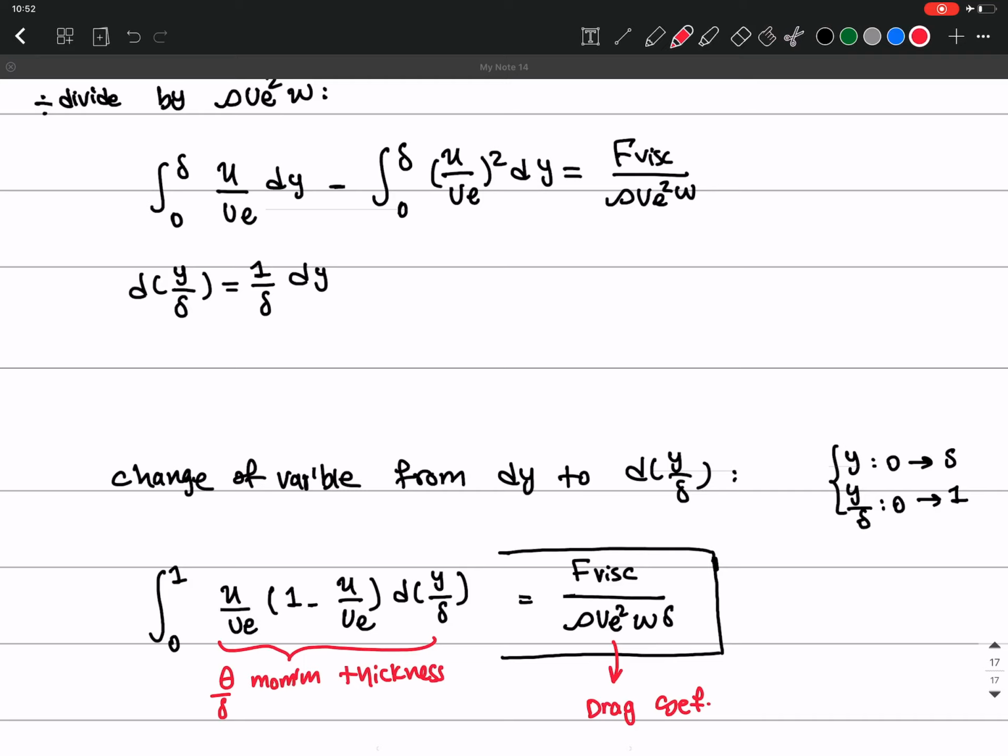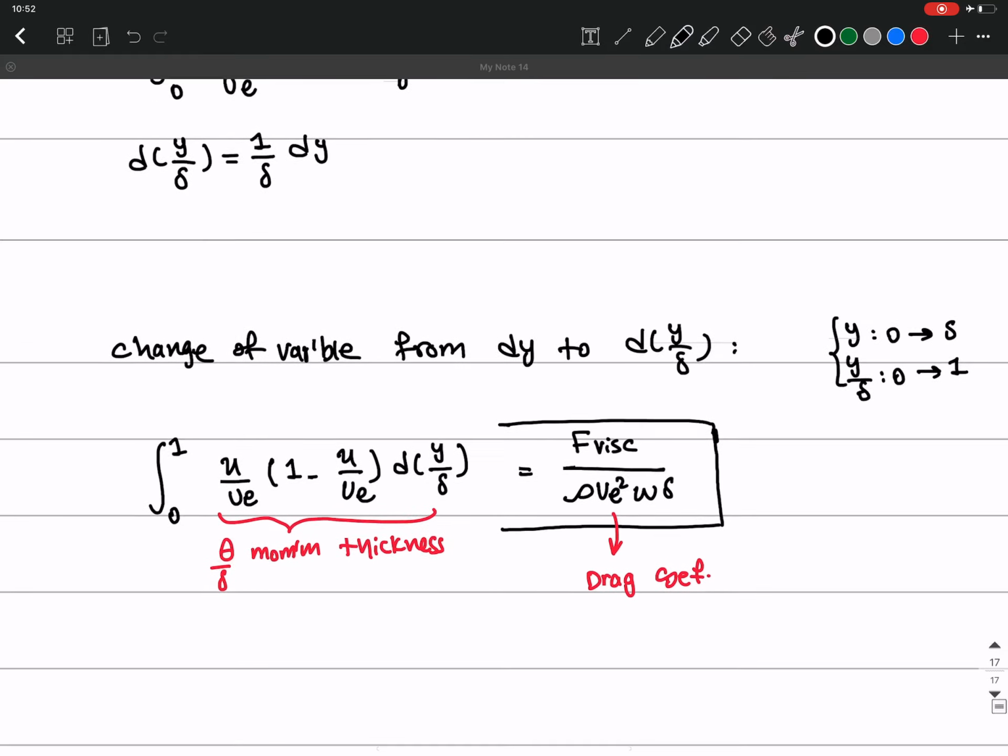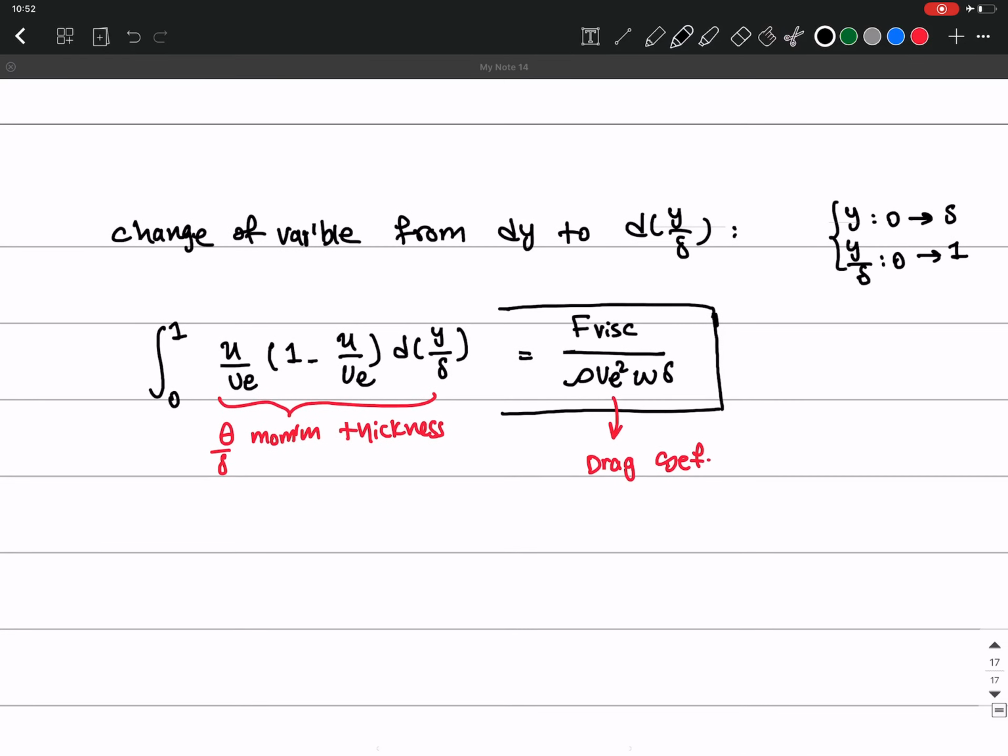Okay, so I want to add another equation. So we have three unknowns here: F viscosity, uy, and delta. So I want to add another equation to be able to solve this.